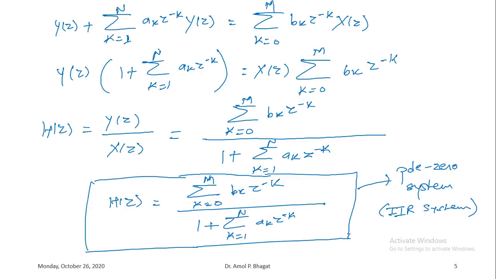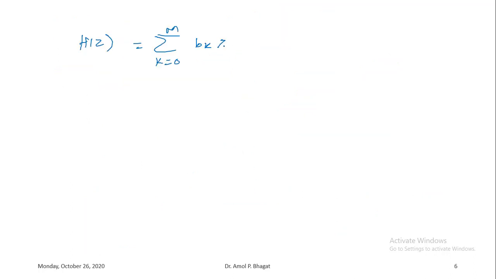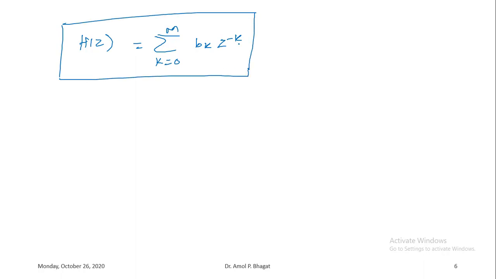So it will be simply H of z equals summation k equals 0 to M of b_k z to the power minus k. By avoiding these negative powers of z and factorizing this polynomial, I will get the roots of that polynomial. Those roots will indicate the values of zeros.